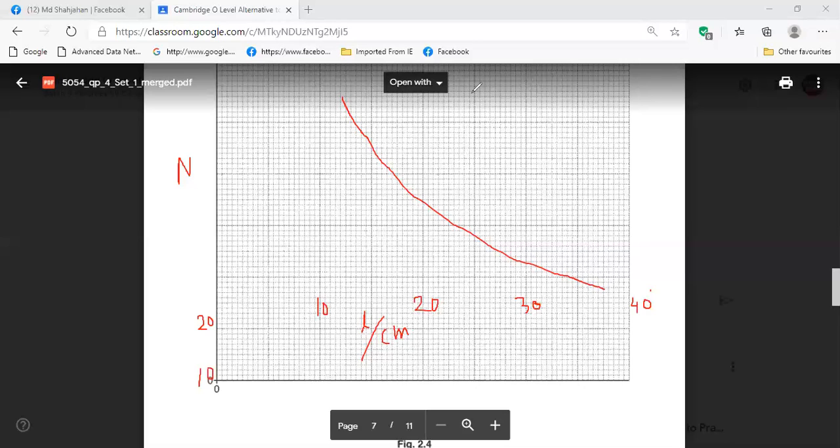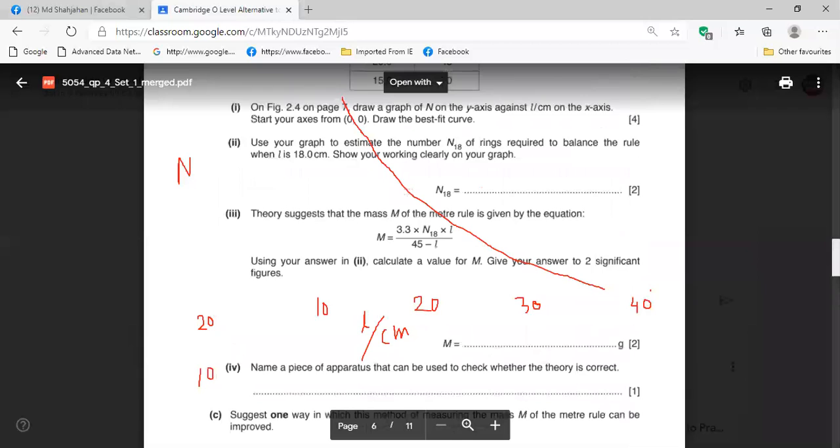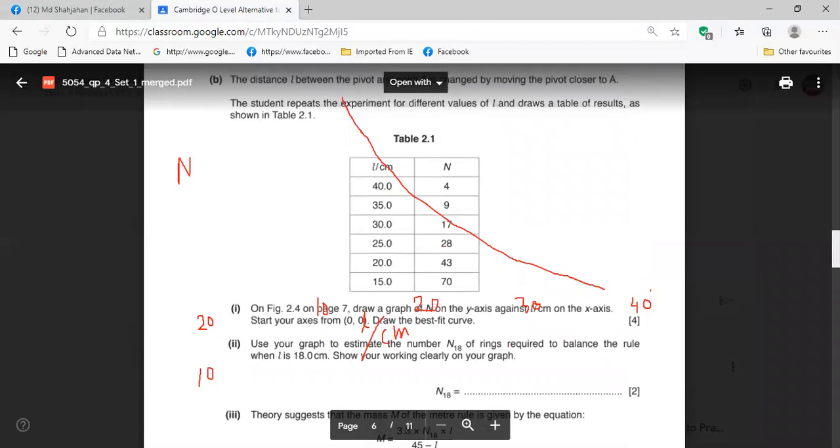Sir, I have finished, I have given it. You have given, right? Let me check. Yes. So you have here the value of x starting from 15, right?